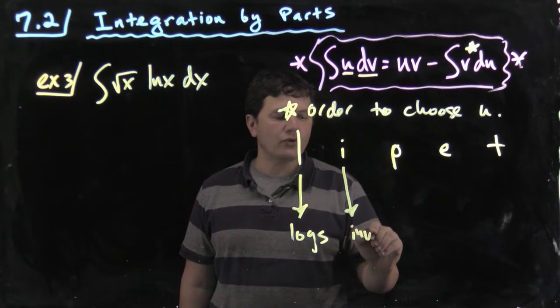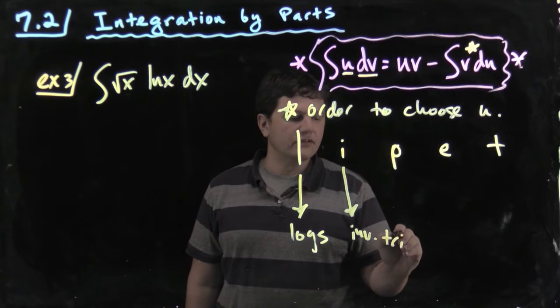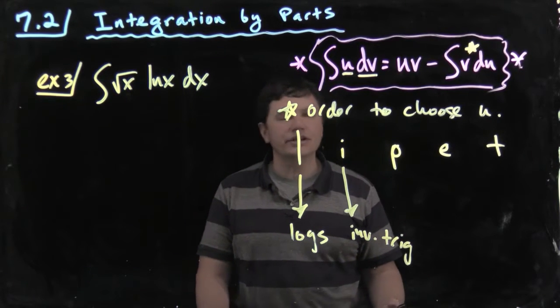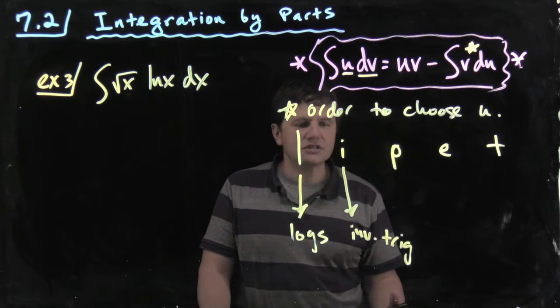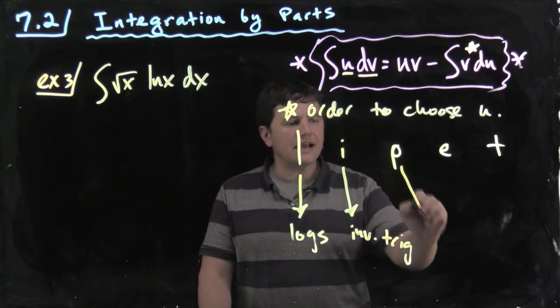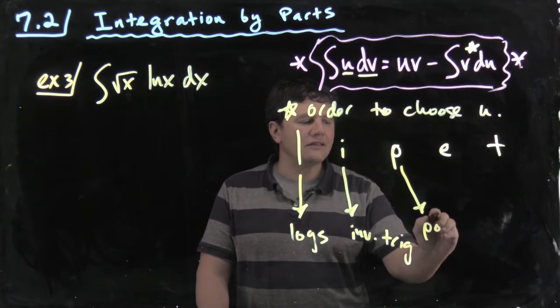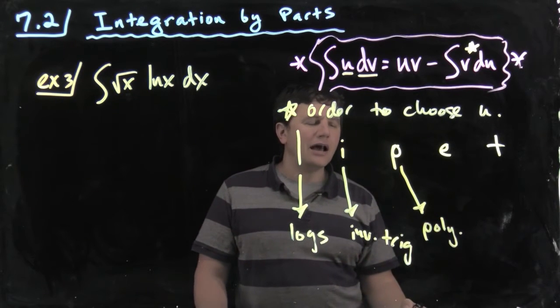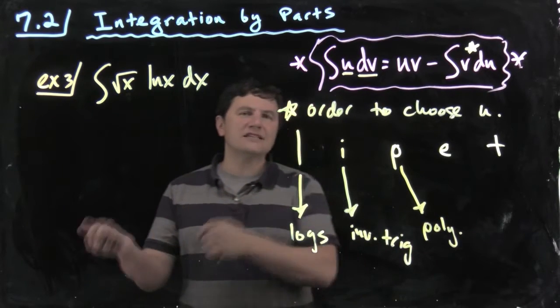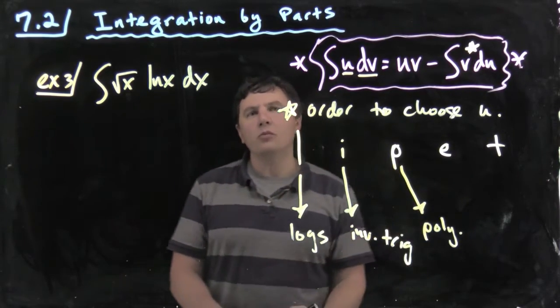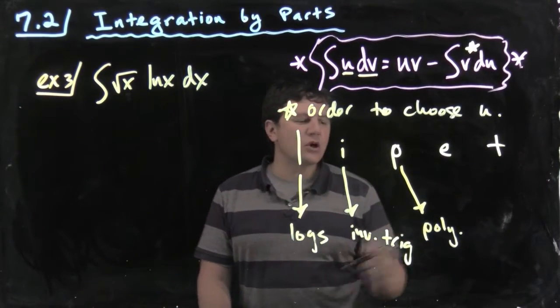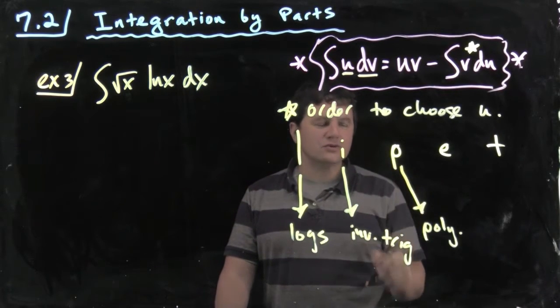This is inverse trig, like arctangent, arcsine, things of that nature. If there's any of those functions, then I let that equal u. The next thing is polynomial. Now this is a little deceiving because polynomial, in the last problem, I let u equal x. That fit into the polynomial. That's actually a monomial, so it kind of just makes sense to use the P here.